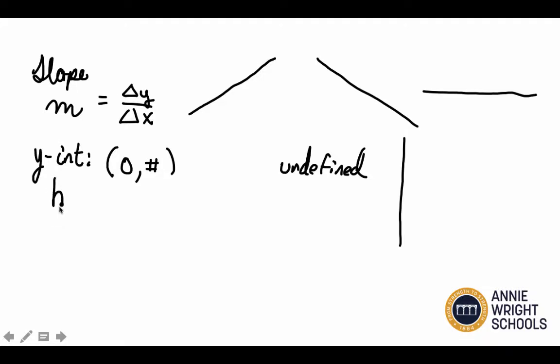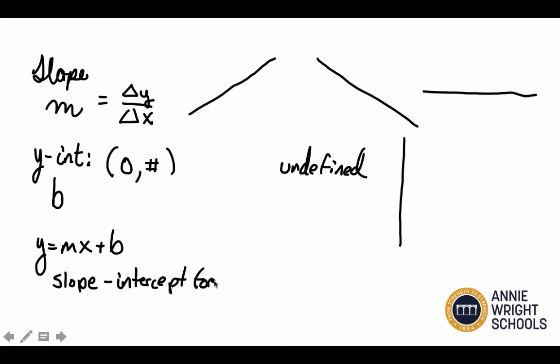This is often denoted with the letter b in the equation that we talked about yesterday, slope-intercept. So y equals mx plus b is called the slope-intercept form of a line. You need to know that when I say write the equation of a line in slope-intercept form, you want y equals mx plus b.